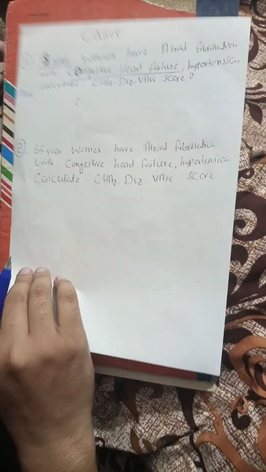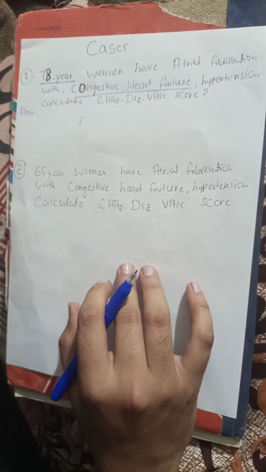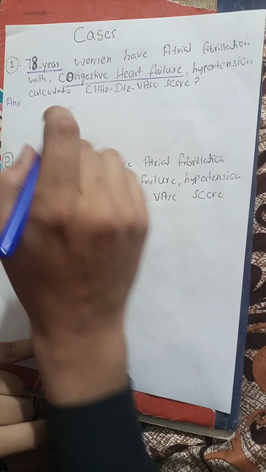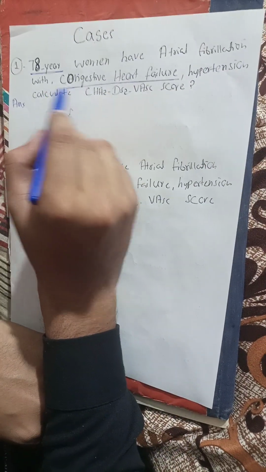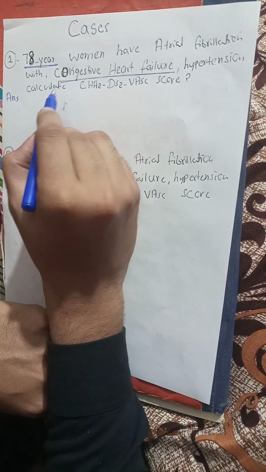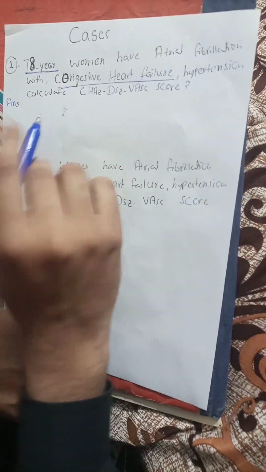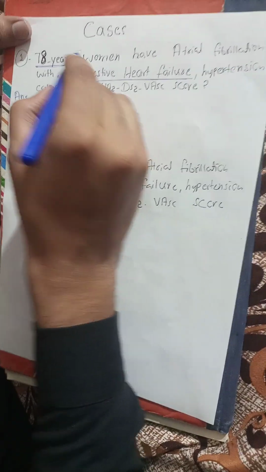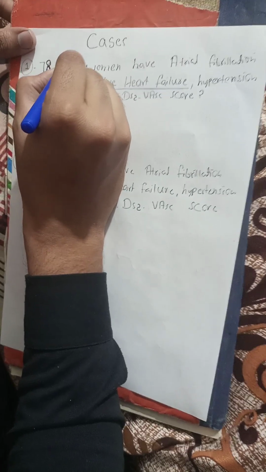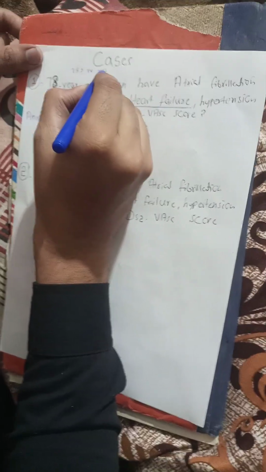Then let's do a case study on how to calculate the CHADS-DS2-VASc score. For example, a 78-year-old woman has atrial fibrillation with congestive heart failure and hypertension. Calculate the CHADS-DS2-VASc score. Here 78 years means the patient's age is greater than 75 years, so the score is 2.